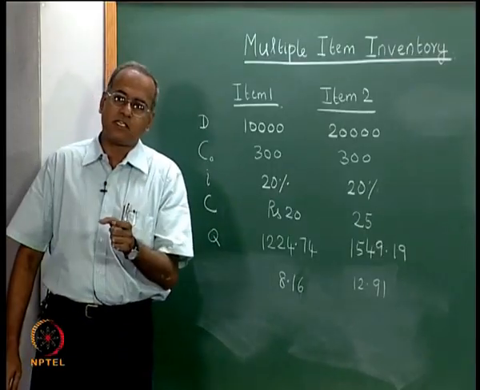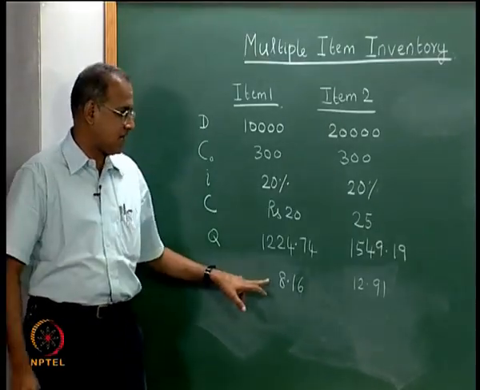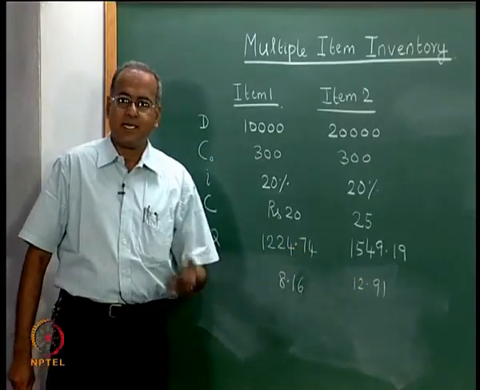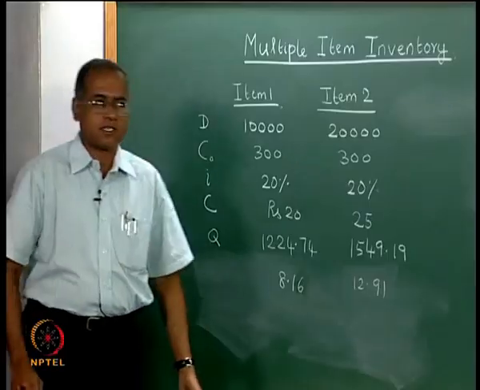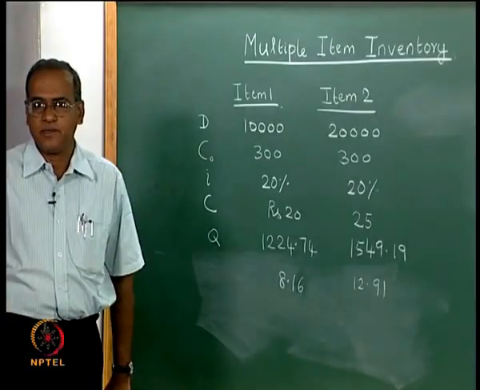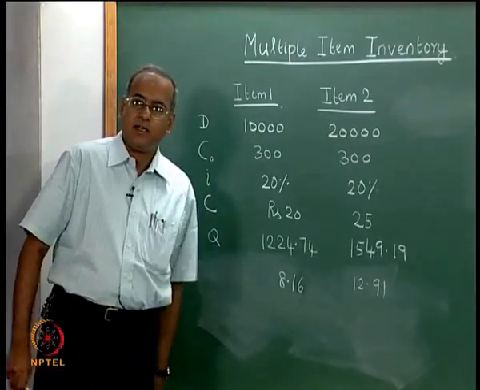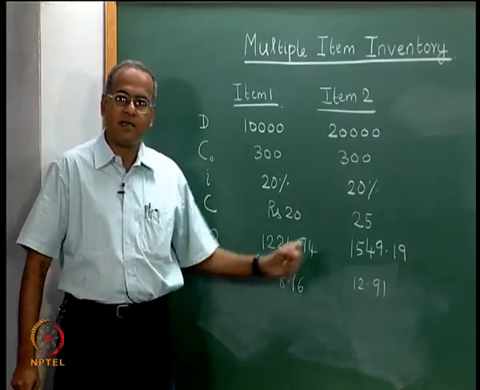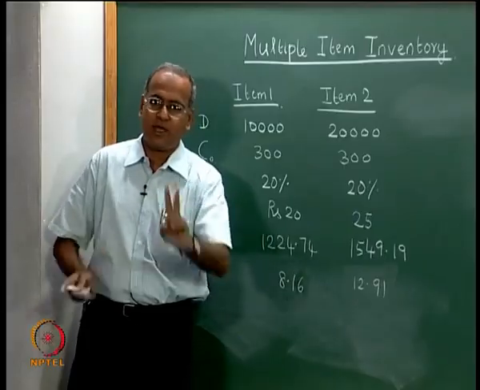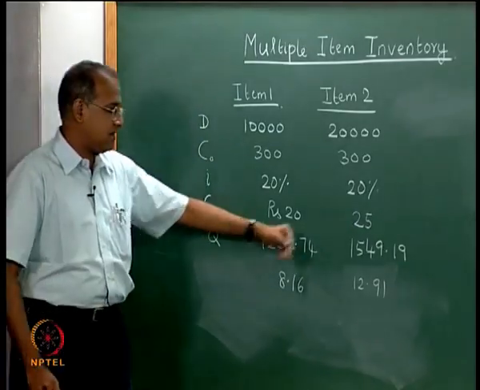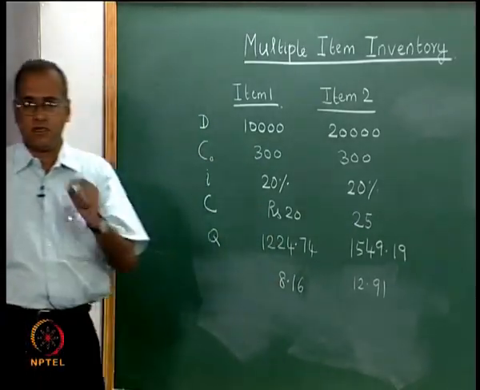The inspection costs still have to be incurred for each, but the transportation cost can be significantly reduced because both can come in the same truck. If they are ordered differently, this has to come separately and this has to come separately. So, the cost of transportation is twice, whereas if we do this, the cost of transportation is single.